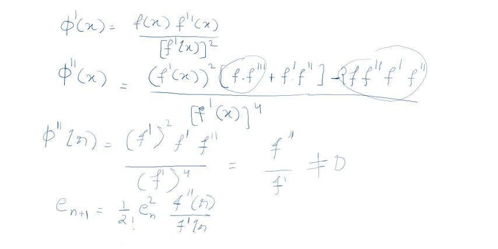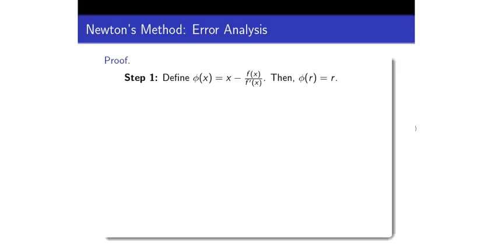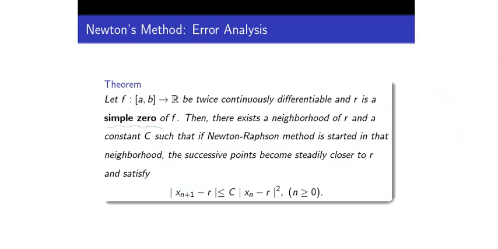So this is what we obtained at the starting stage, right. This is what approximately holds, okay. Now this shows that Newton's method has quadratic convergence, okay. What we need to show is that mod of x n plus 1 minus r is less than or equal to c times mod x n minus r whole square, okay.